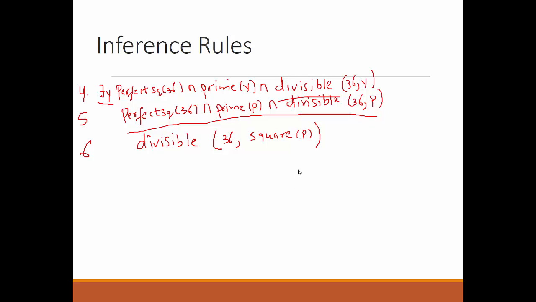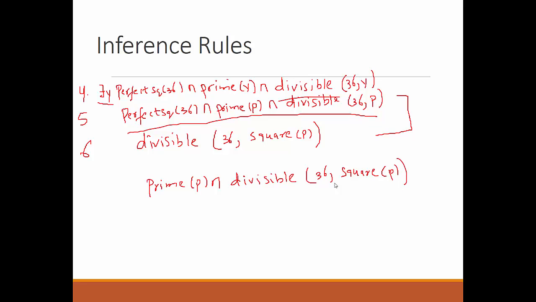And from statement 5 and 6, what do we find if we compare this and this? The thing that we obtain is prime p and divisible 36 comma square p.